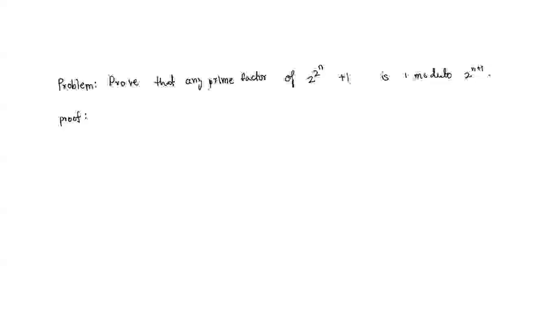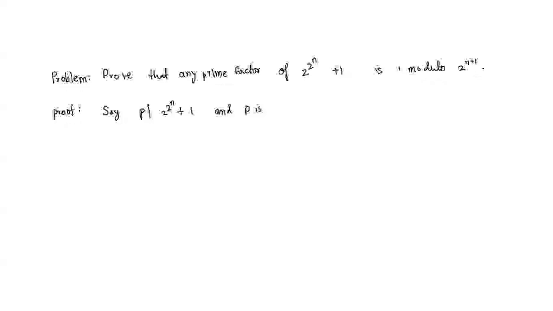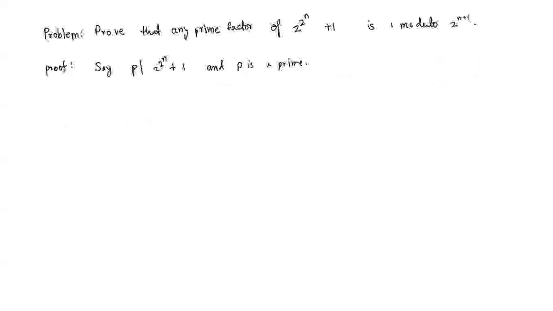So say p divides 2 to the 2 to the n plus 1 and p is a prime. Firstly, note that 2 to the power 2 to the power n is congruent to minus 1 mod p.